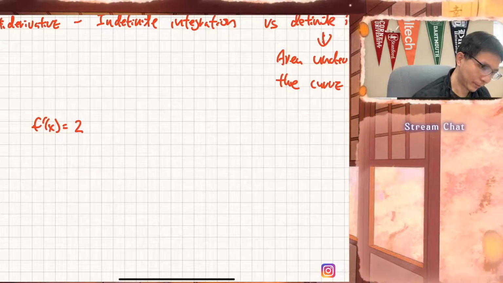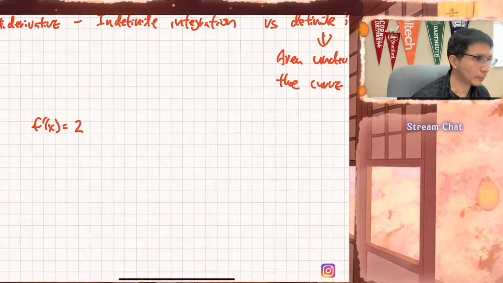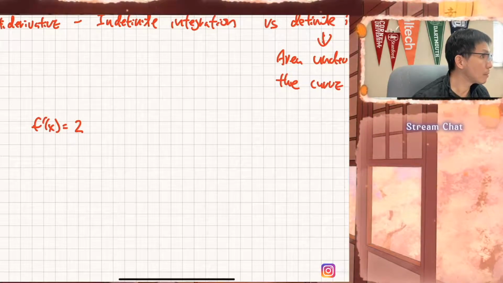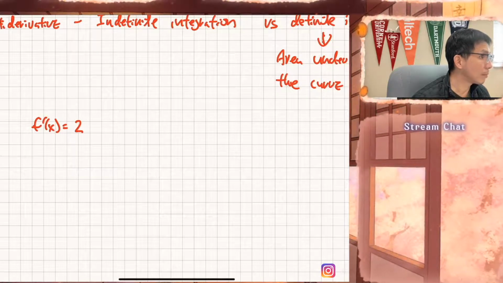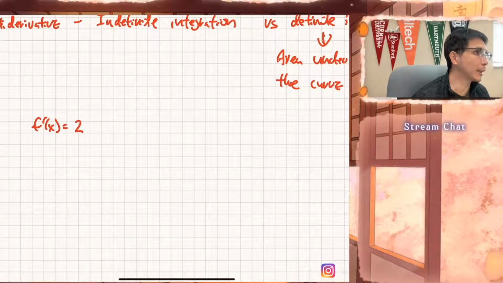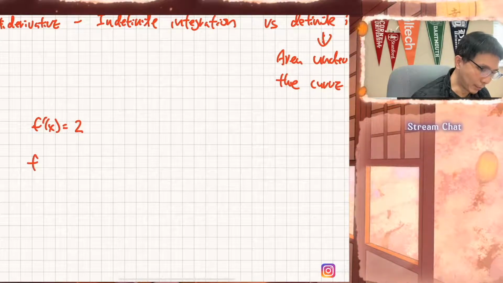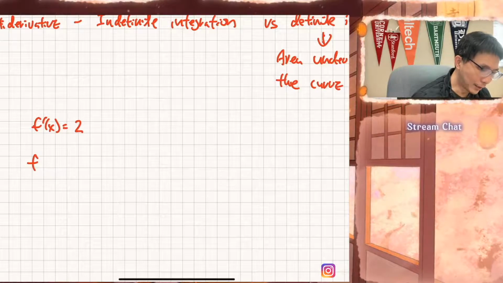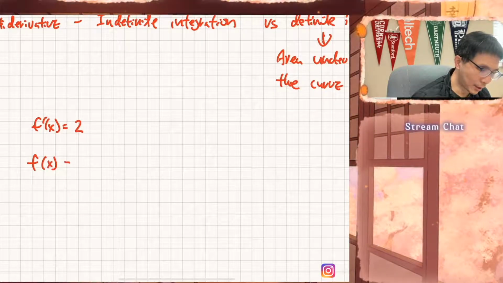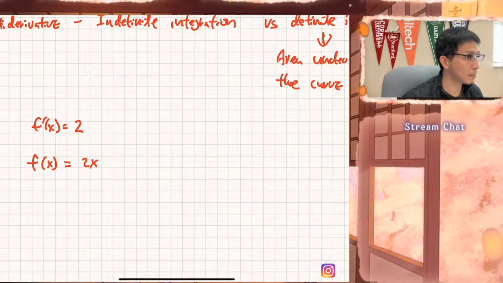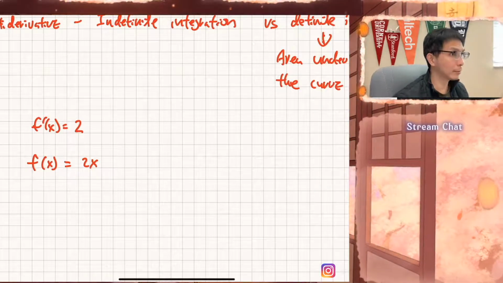Because the derivative of 2x is 2. Okay, well, not chain rule, but yeah, it's the power rule, or constant multiple rule. So that means f of x is equal to 2x. But there's a slight problem: he's half right.